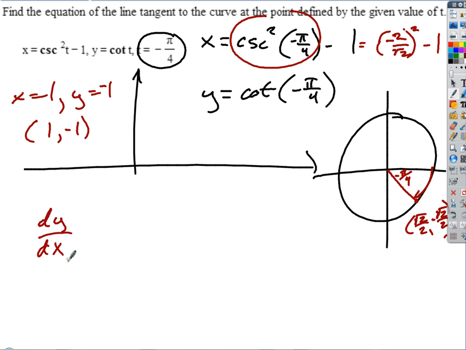Now, I have y in terms of t, so for one thing, we could take dy/dt, but what would I have to multiply the rate dy/dt by to end up with the overall result, dy/dx? Okay, dt/dx. And there's two ways to think about this. Did everybody see that?